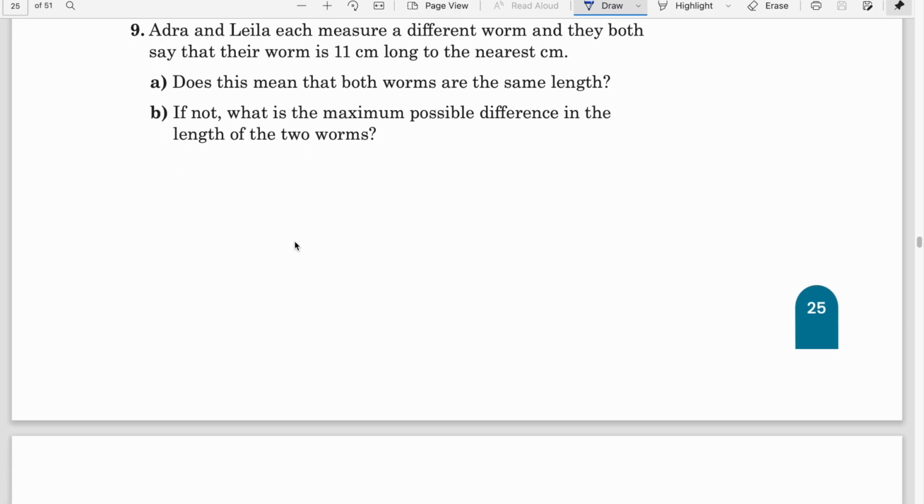Question number 9. Atra and Leela each measure a different worm and they both say that their worm is 11 centimeters long to the nearest centimeter. Does this mean that both worms are the same length? Yes or no?